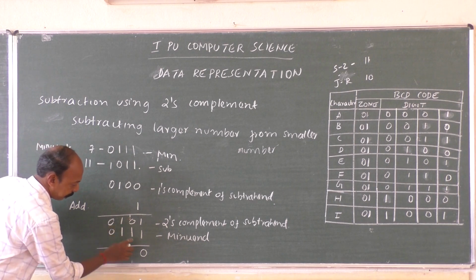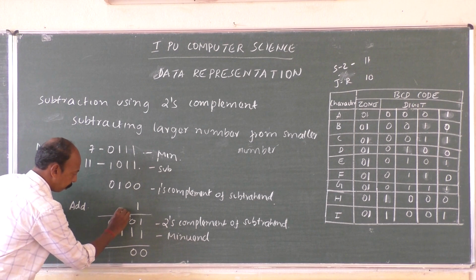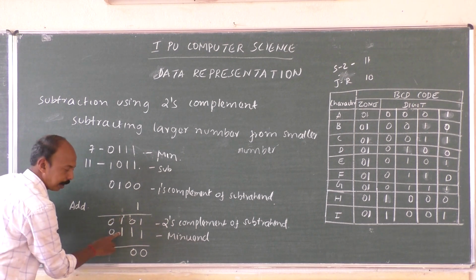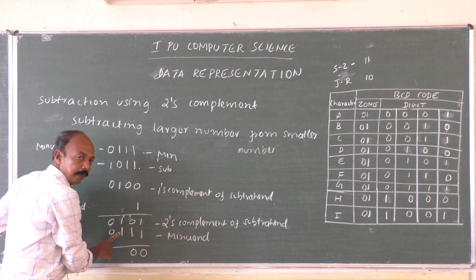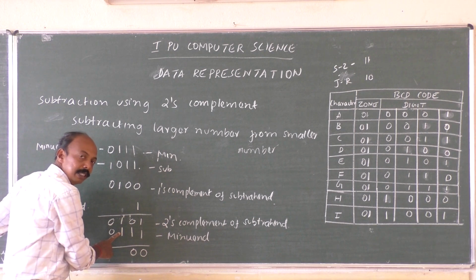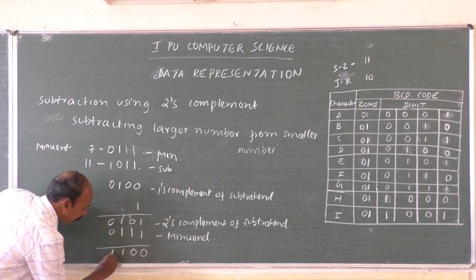So 1 and 1 will be 0 again with the carry 1. Carry will be 1 here, 1 1 1, that means 3 ones. So in case of 3 ones, when we add it up, what will happen in binary addition? 1 and 1 will be 0 with the carry 1, 1 1 and 1, 3 ones will give us 1 with the carry 1.